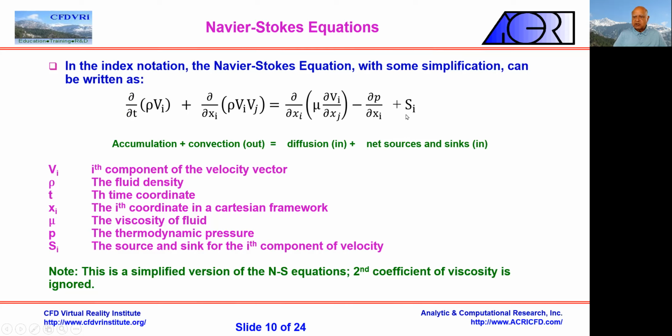And then, of course, there may be sources or sinks of momentum, such as fluids leaving, fluids entering, injections, and withdrawal, things of that nature. So this is the simplified version of the equations. We have ignored the second coefficient of viscosity, which is there in the Stokes formulation. We have done so because it's not important except for some situations of compressible flow.